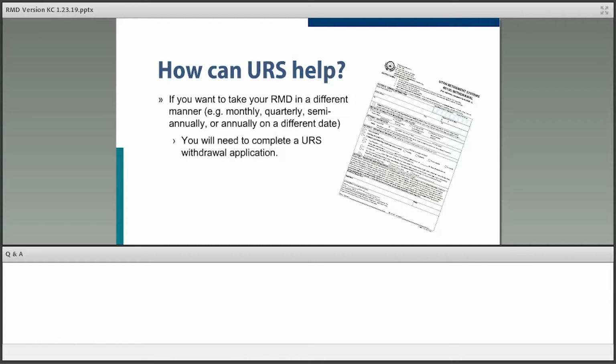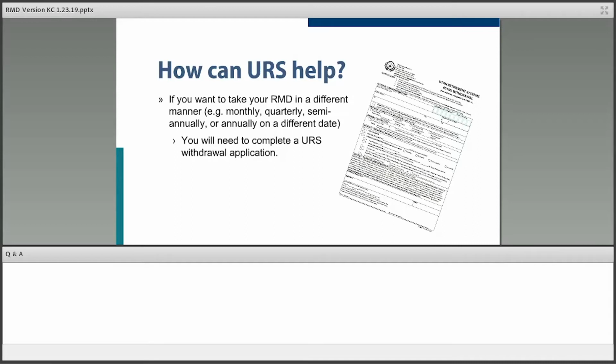Can I take that amount, let's just say it's $1,000 for the year, and divide it up and receive monthly or quarterly or semi-annual payments? Or maybe people want to take it annually, but they don't want to take it at the end of November. Maybe they'd rather take it in July or August, for example.